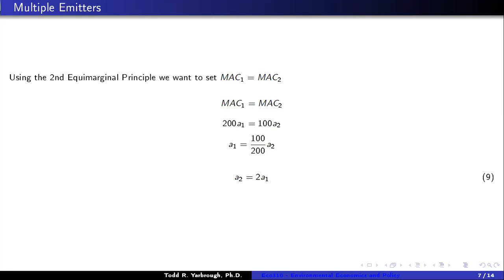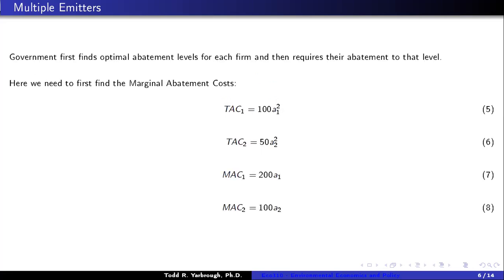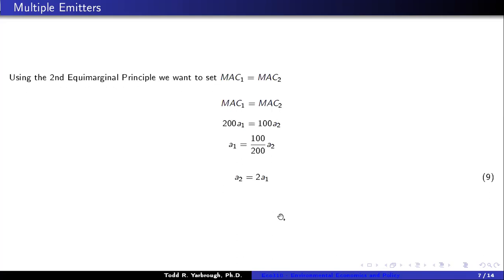We set marginal abatement cost 1 equal to marginal abatement cost 2. Again, we have those functions here, 200A1 and 100A2. So we simply set those equal to each other. We do a little bit of math here, and here I've solved for A2. You could solve it for A1. It really doesn't matter. I think the math is a little bit easier by solving for A2, but only marginally so. So we arrive at equation 9 here, which says that A2 is equal to 2A1.